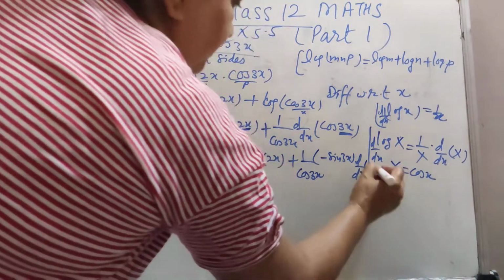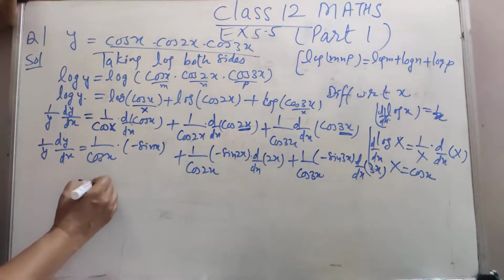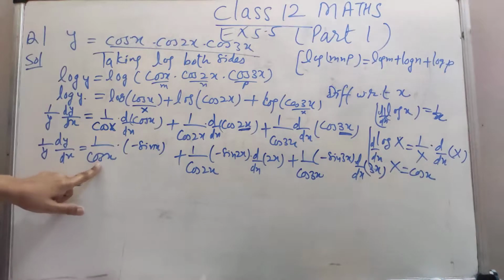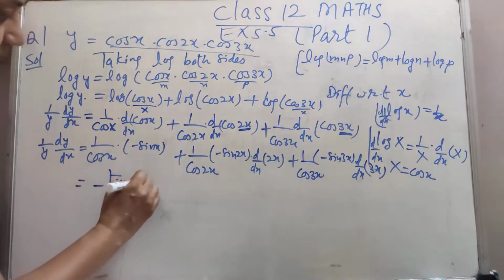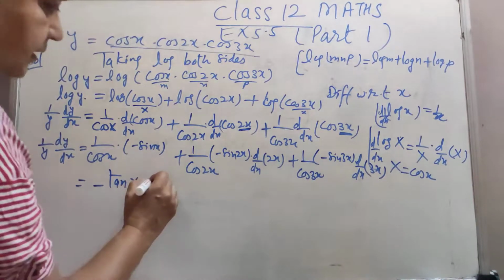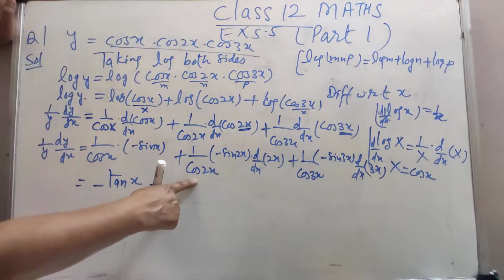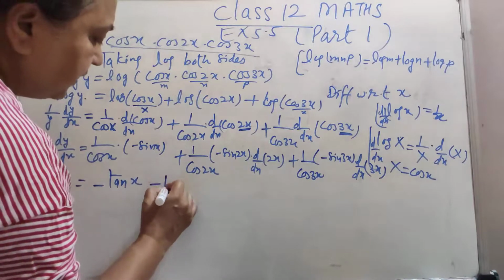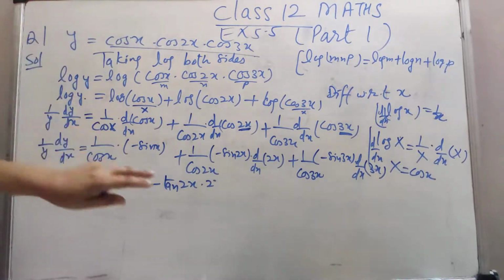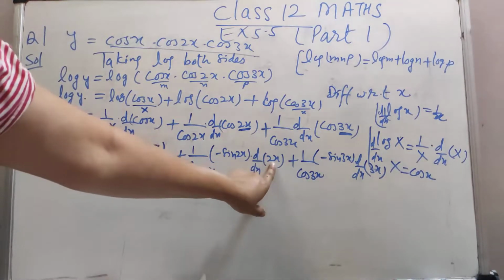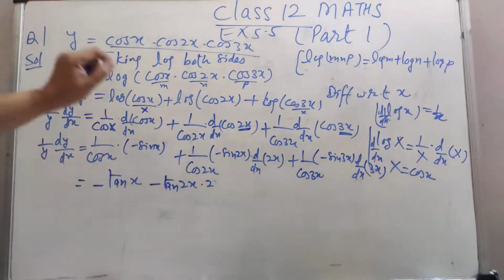Now into derivative of the angle, this is not x, it is more than x, so this is 3x. So this will become, see, minus sin x upon cos x, minus tan x. Again this is minus sin 2x over cos 2x, so this is tan 2x into 2, right? Derivative of 2x is 2.